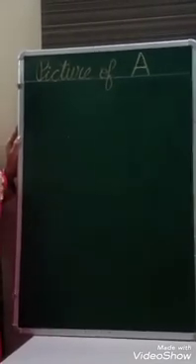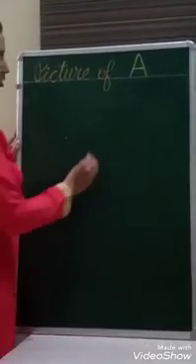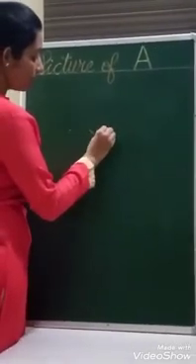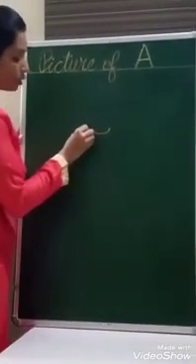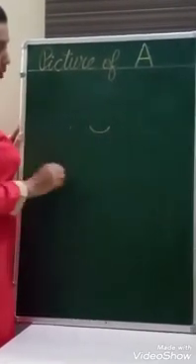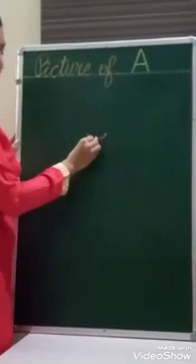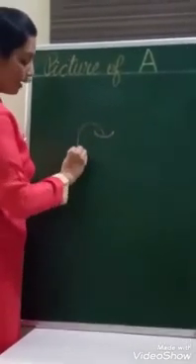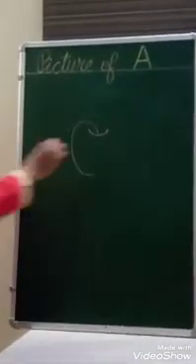For apple, you will first draw a small curve like this. Now, from the center of this curve, we will make a C like this.